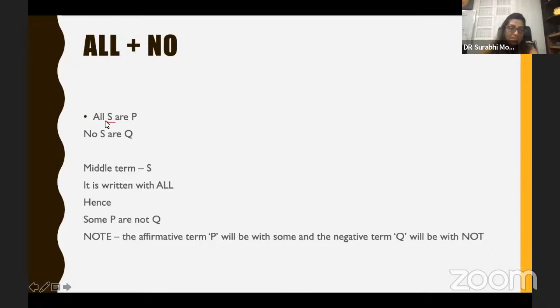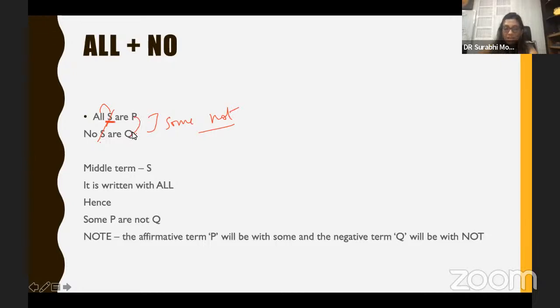The middle term is S. We ignore the no statement, and we see that the middle term is written with S. Right? In this case, we do not get a no answer. We get a some not answer. Because the middle term is double distributed. Right?